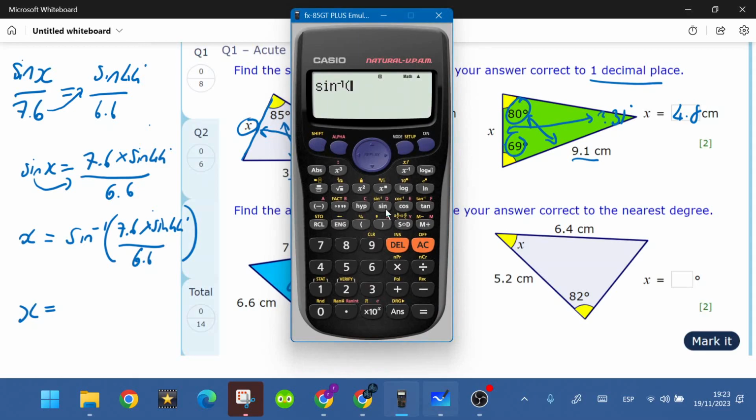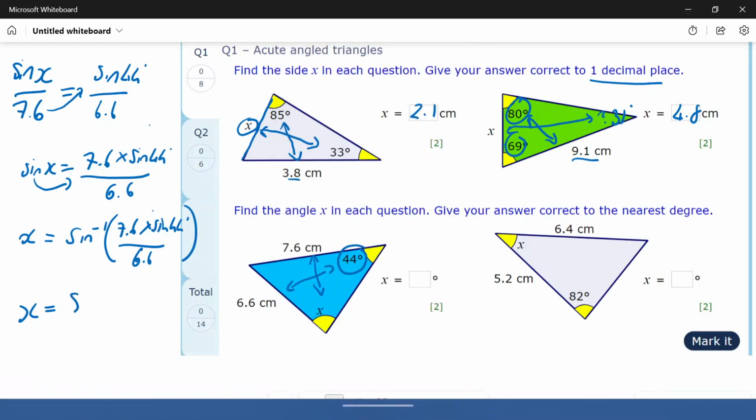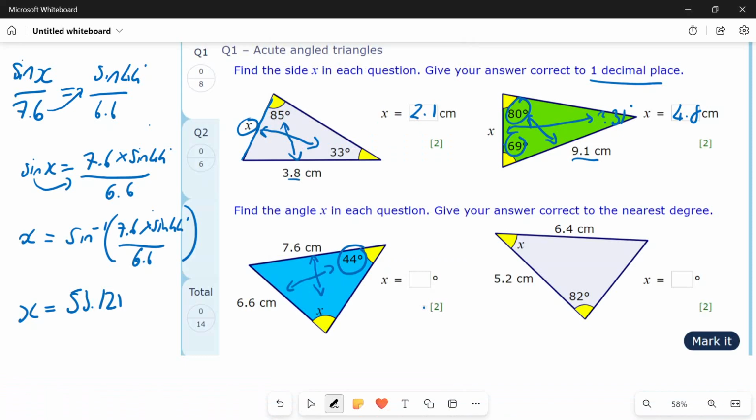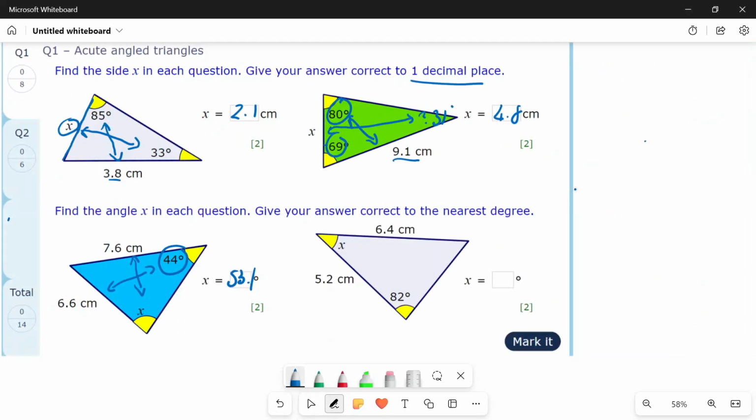Shift sin, it will be 53.121. Rounded to one decimal place will be 53.1.